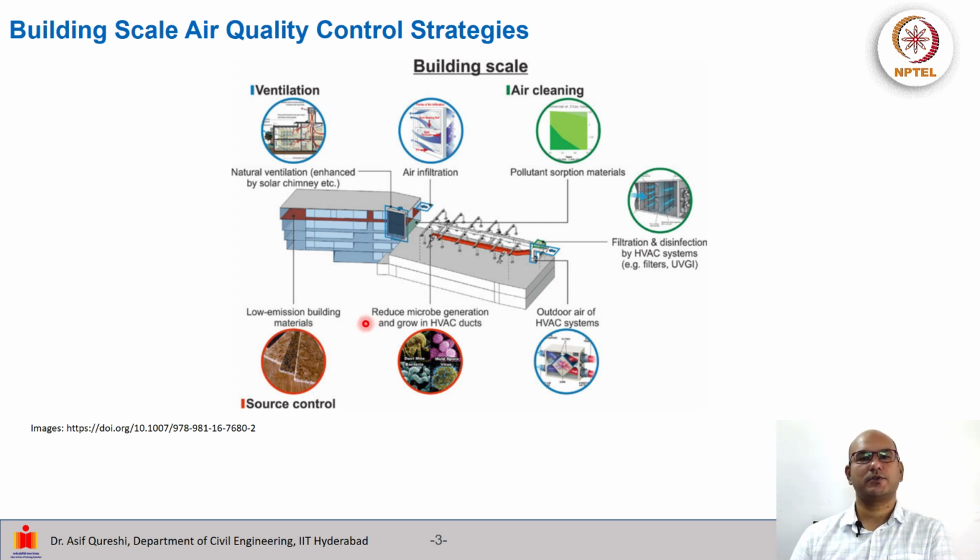One can try to reduce microbe generation and growth in HVAC ducts, manage the outdoor air of the HVAC systems, the air which is coming inside, install filtration and disinfection, and maybe also install pollutant sorption materials. So in all these ways, some control can be made at the building scale.